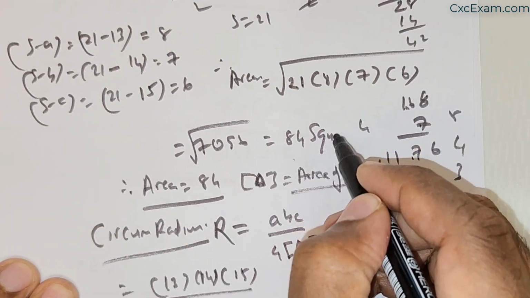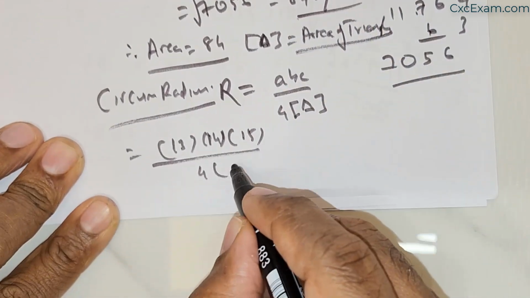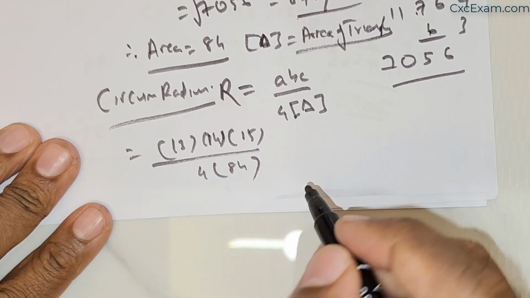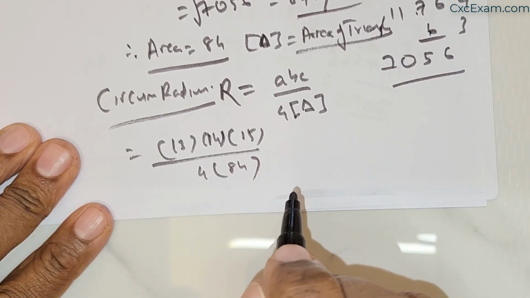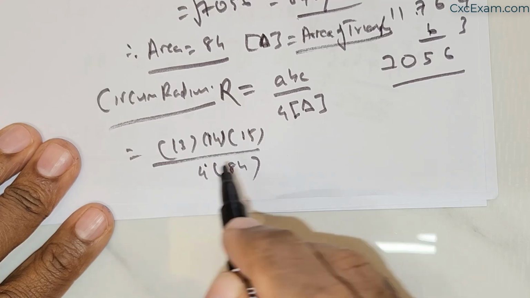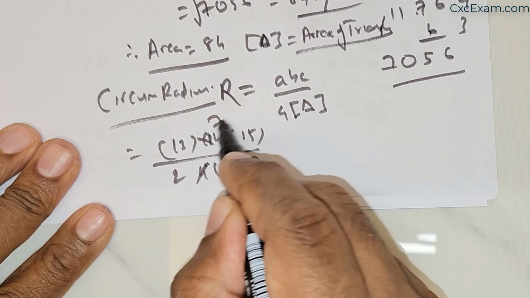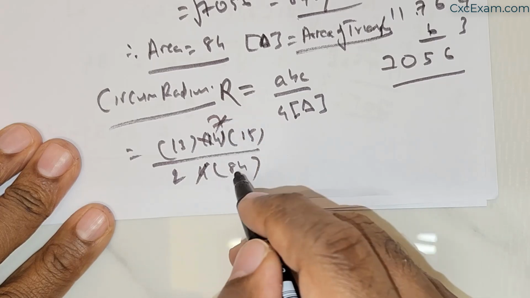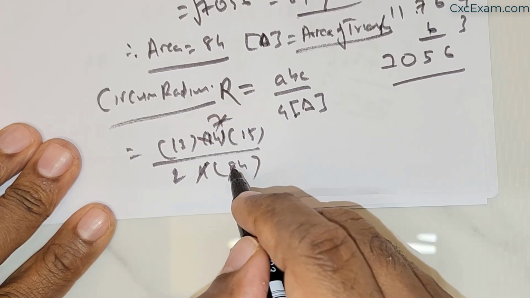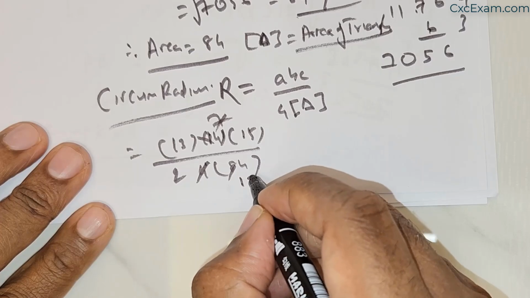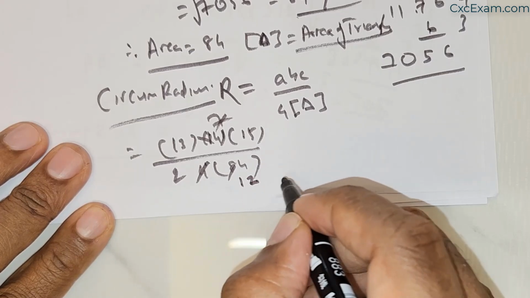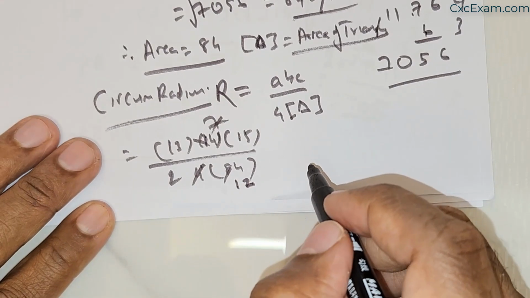So let me write that down. So 84, right? Can I reduce anything? 2 divides here, 2 times 2 divides 84, 7 times. 7 divides 84, 12 times, and 7 times 2 is 14.